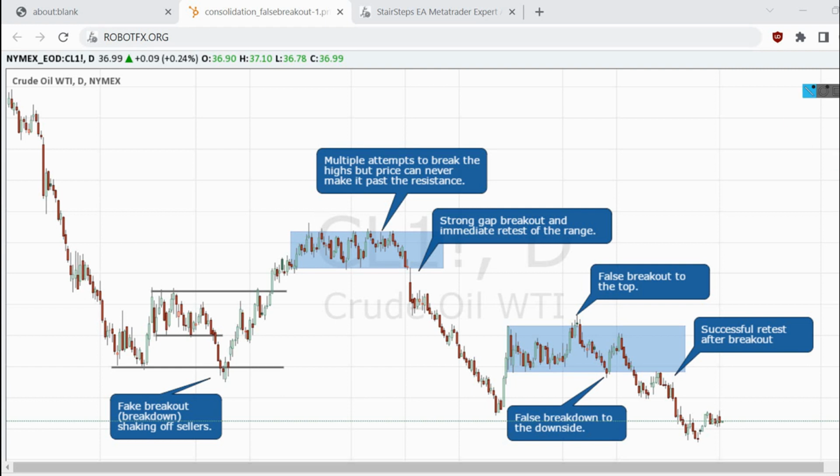Now in this first example, we can see that we had an uptrend, where there was a downtrend before. It changed to an uptrend, and then this consolidation zone formed.